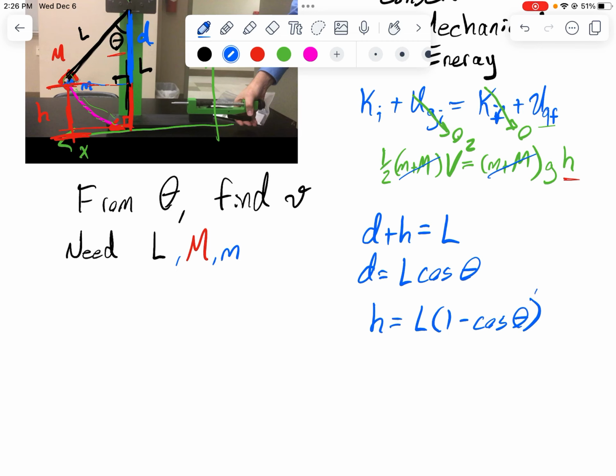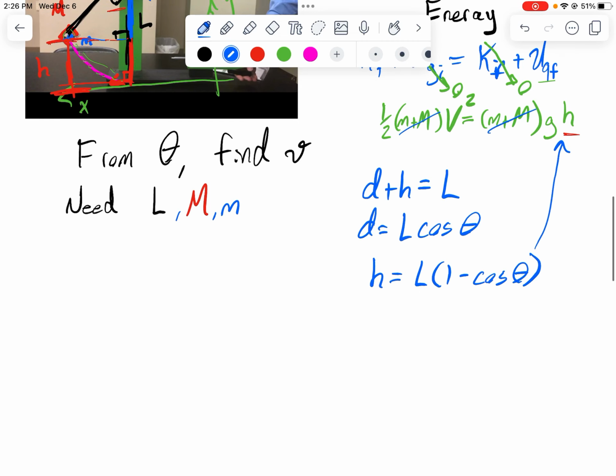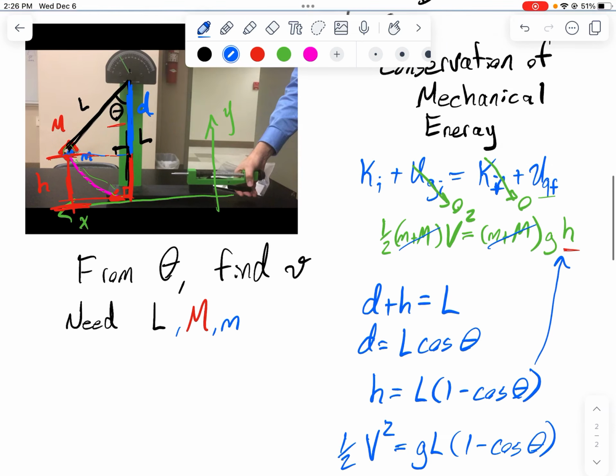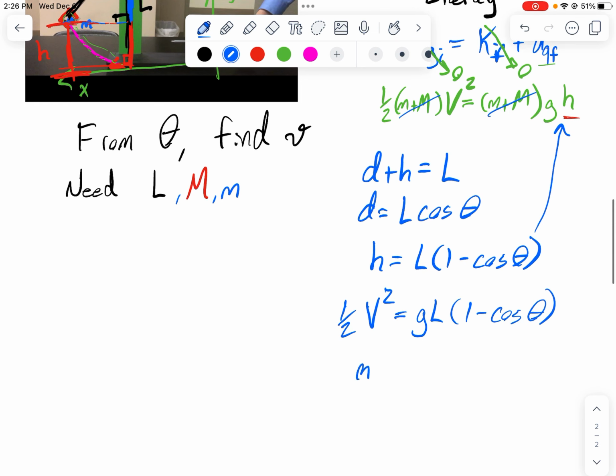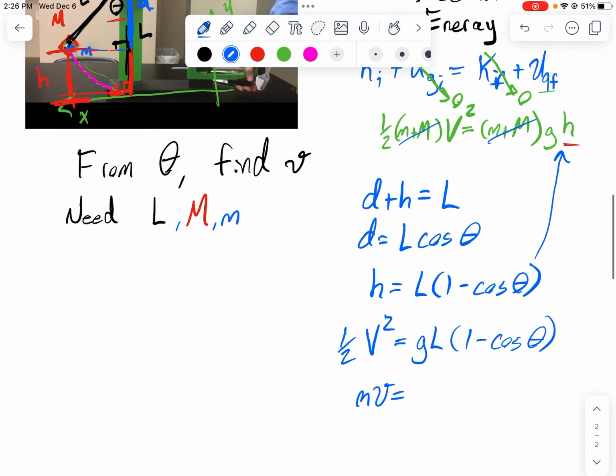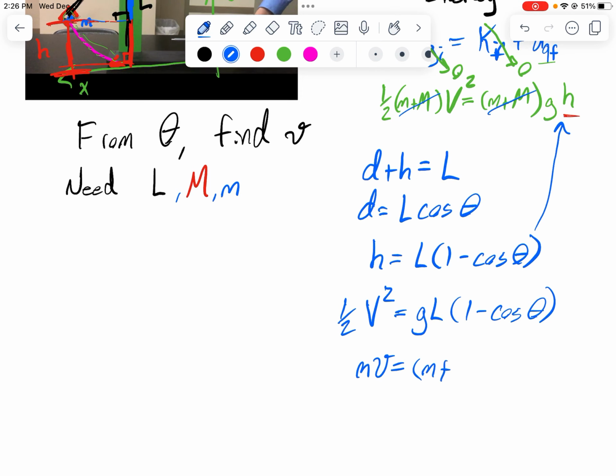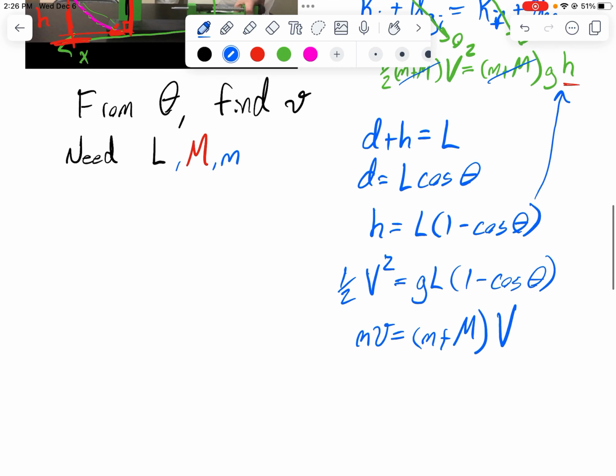Okay. And we can plug that number in there. So we have 1/2 V squared equals g times L times (1 minus cosine theta). And then we combine that with the equation that we have up here, which is m little v is equal to the sum (m plus big M) times big V.